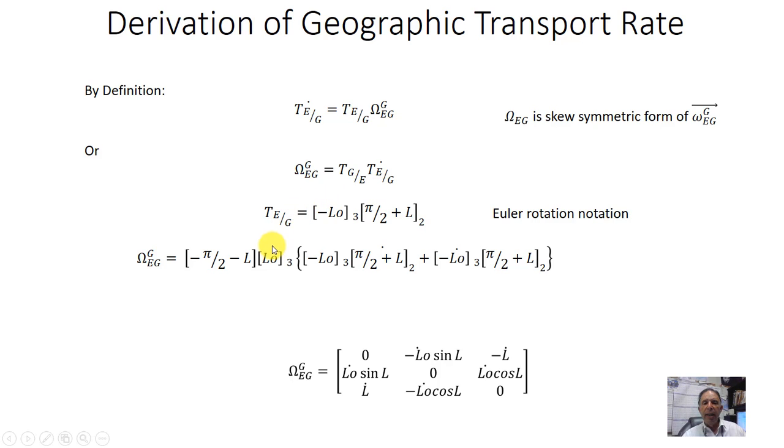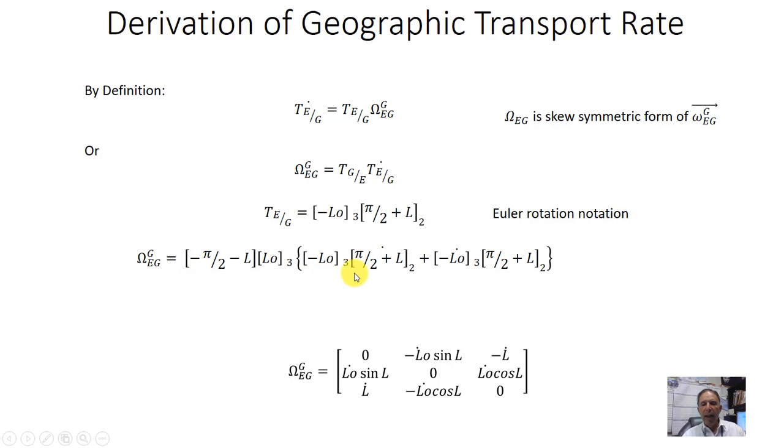Then rewriting the transformation from geographic to ECEF again as the commutation of two Euler rotations, we could take the derivative of this, and differentiating by parts, we obtain this expression for omega EG in the geographic frame.